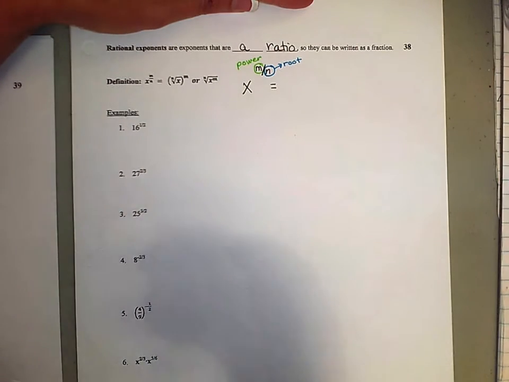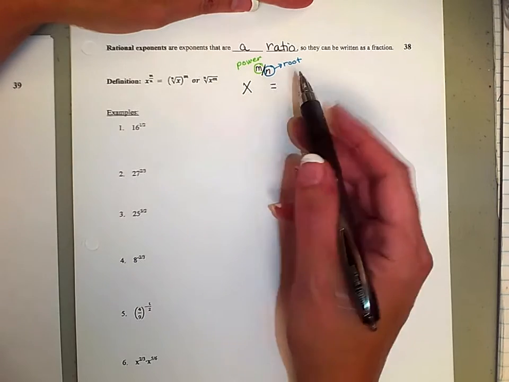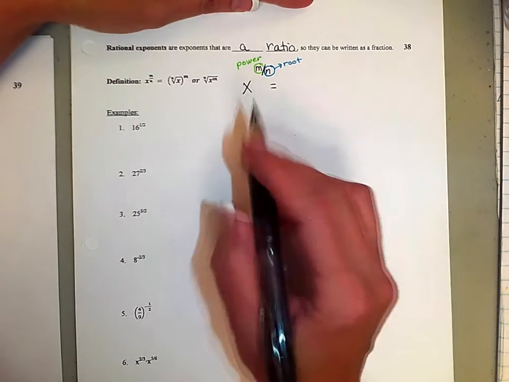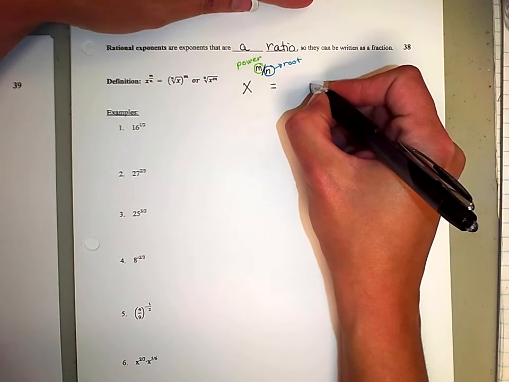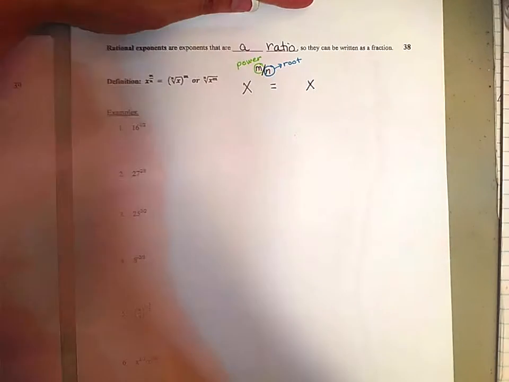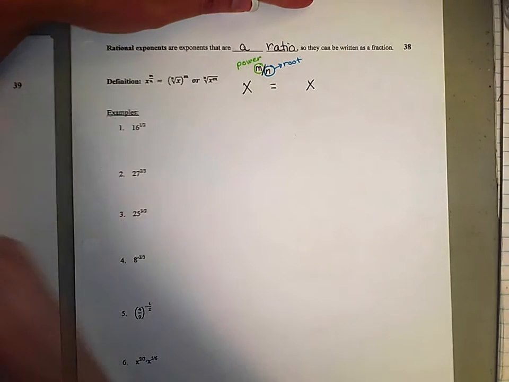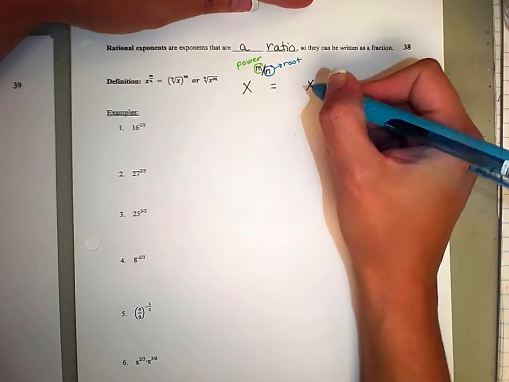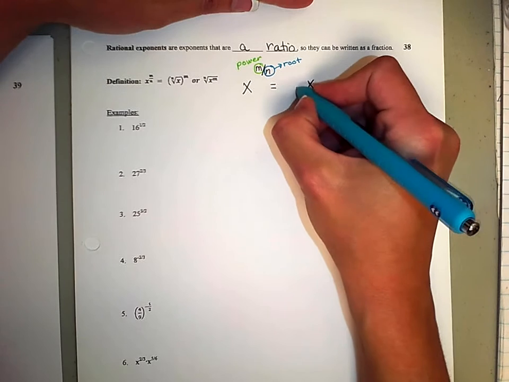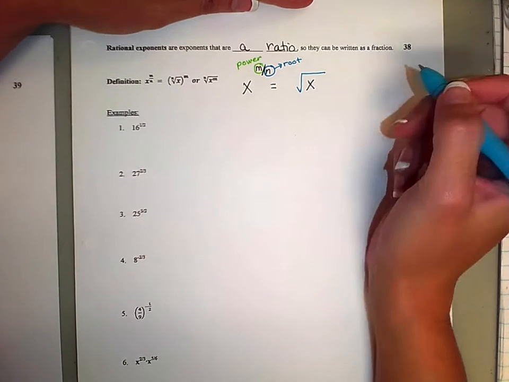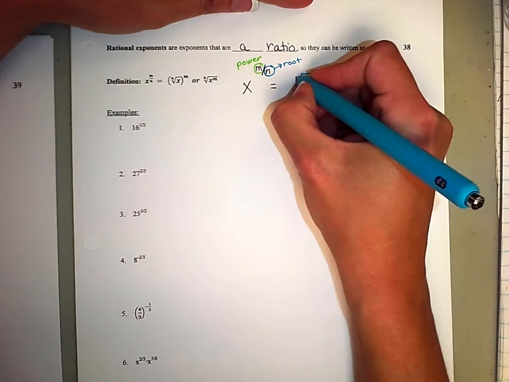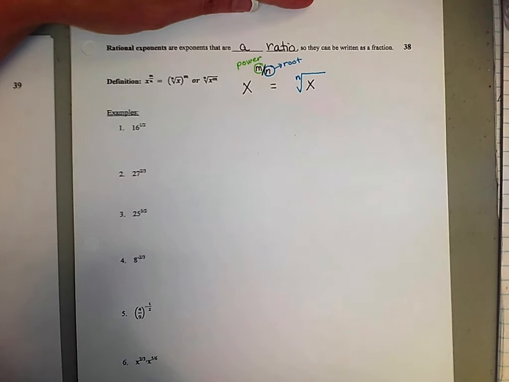Why this is going to be helpful for us: this is written in the rational exponent form, but sometimes we'd like to be able to write it in radical form. So x to the m over n can be written as a radical of any root, the nth root.